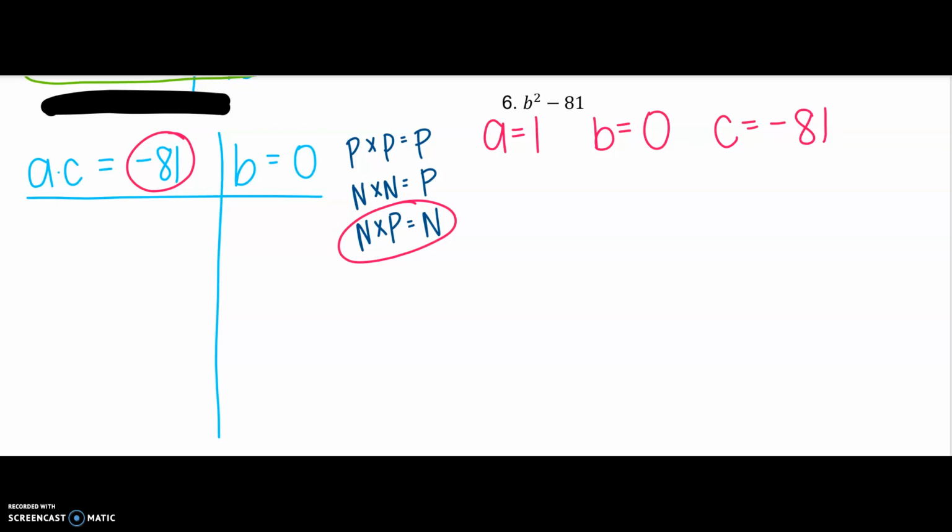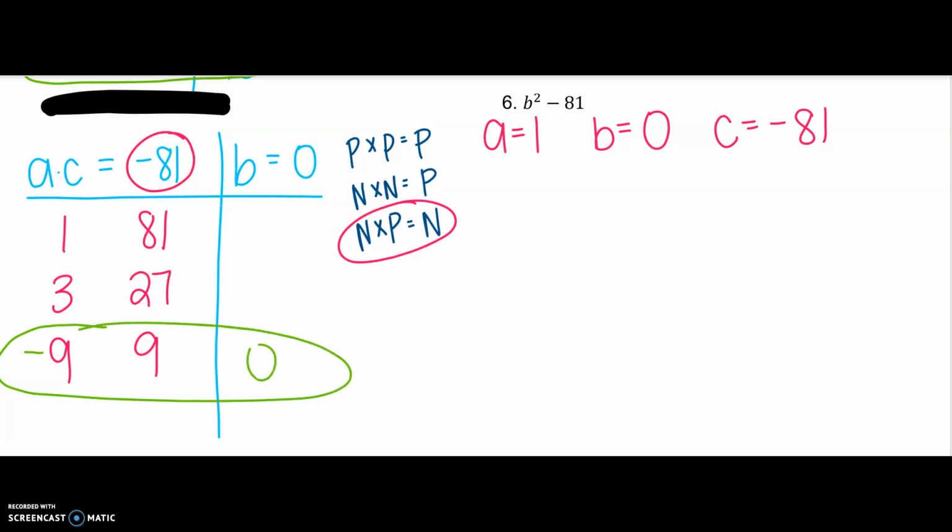So I have 1 and 81, 3 and 27, 9 and 9. The only way that we can combine one term with another by addition to make it equal 0 is for one term to be the exact opposite of the other. So either way we changed it, negative 9 and 9 would add to be 0. And that would give us our two factors that we need for this problem.